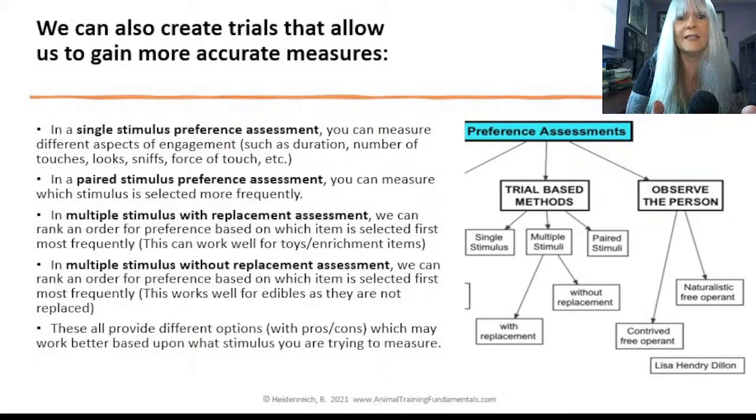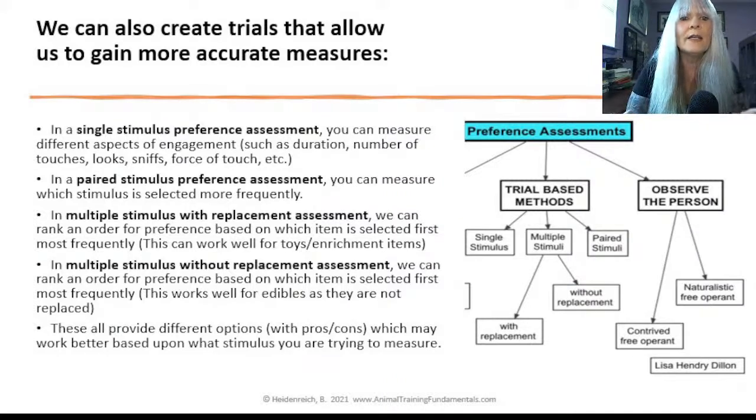Let's say how long the animal engages with it, how many times it touches it, how many times it looks at it. If it's a mammal, maybe how many times it sniffs it, or how hard it bites, touches or moves it around. It depends on what we're looking at. Maybe it's a toy. Maybe it's getting involved in all those head scritches. That's just looking at one specific stimulus.